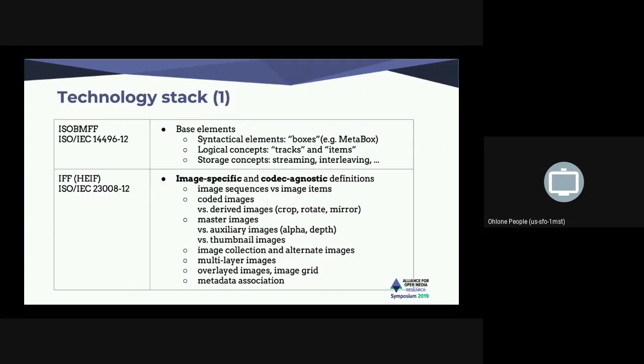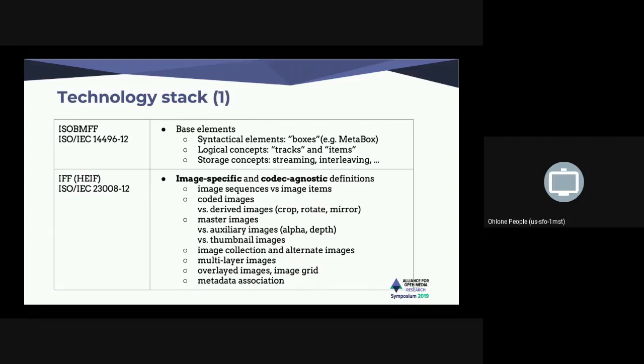Based on that specification, there's another specification called HEIF. I put here IFF because it's called image file format, but the actual part of the MPEG specification to which it belongs is called the high efficiency image format. Sometimes it's confusing because people think that high efficiency image format is HEVC based, but actually that specification is codec agnostic.